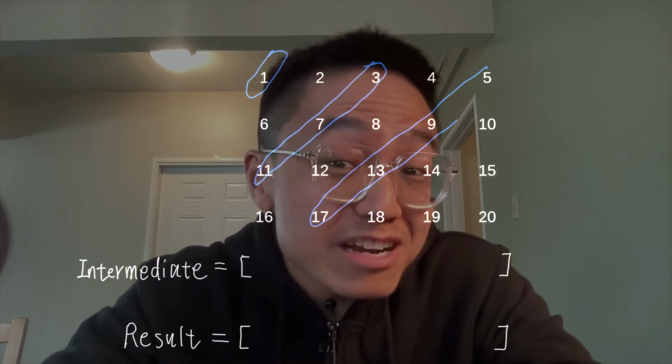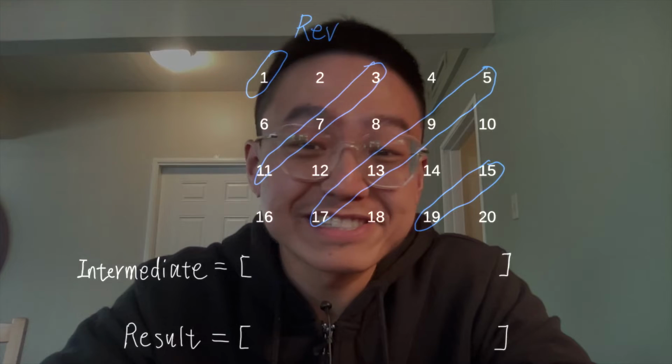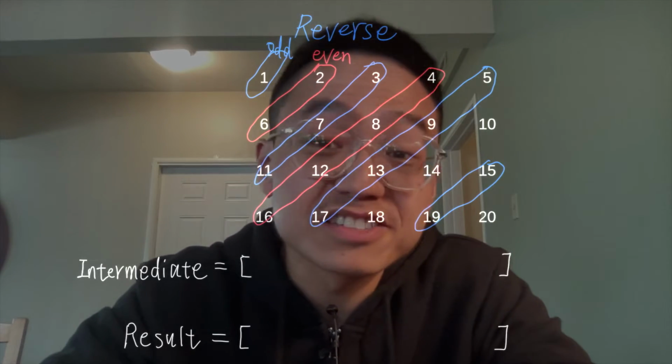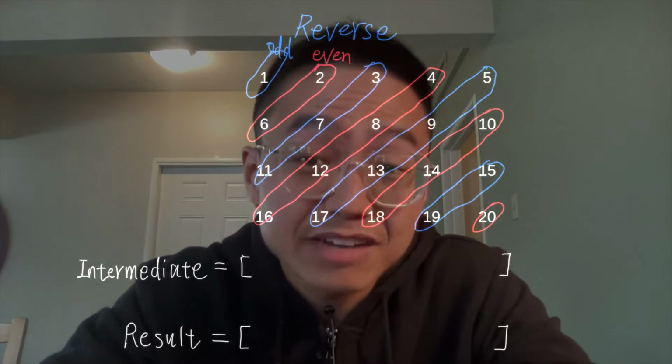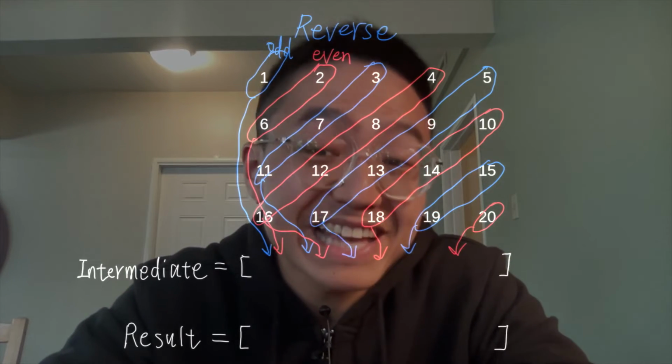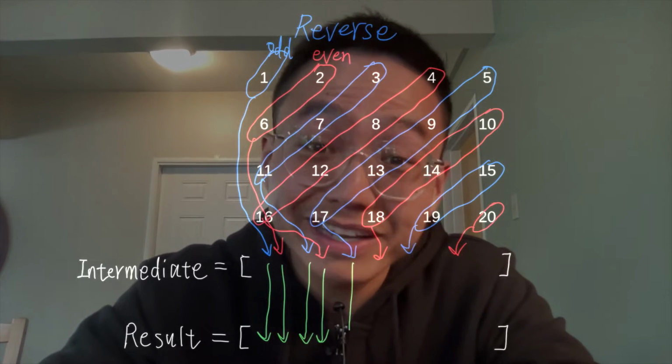Before we add this element to the final result array, we just need to reverse the odd number diagonal. For example, the third diagonal starting from the left would be 3, 7, 11, and before we add these elements to our final result array, we simply reverse them to 11, 7, 3.